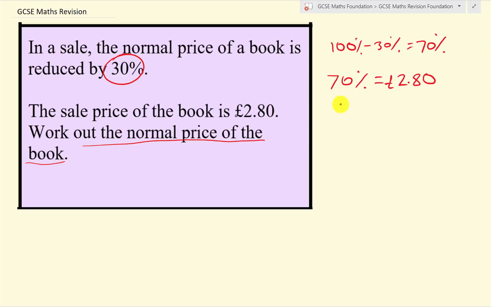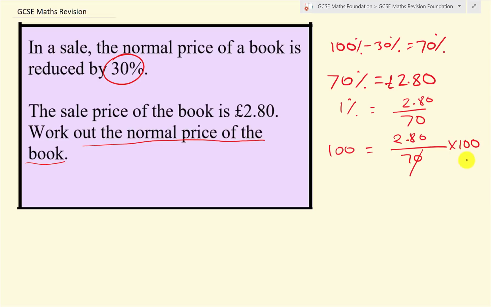So let's work out what 1% is. So 1% is going to be £2.80 divided by 70. And you need to work out what 100% is, so £2.80 divided by 70 times 100. Now, when you come to this sort of calculation in your non-calculator exam, always try to simplify it first, make it as simple as possible and then work it out.